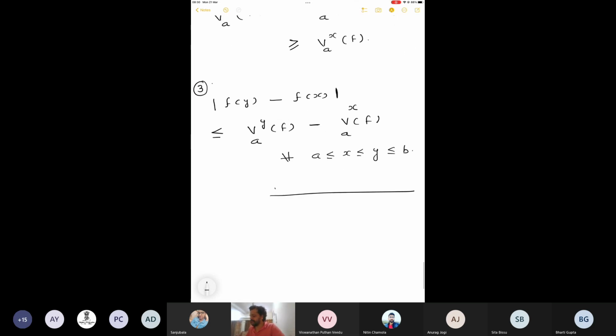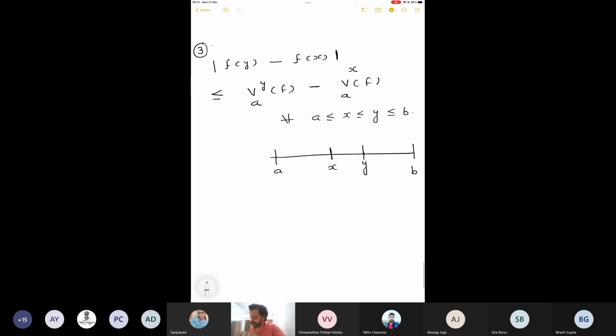I am picking two arbitrary but fixed points x and y, x less than or equal to y. Then I have this relation. That's not hard to see.